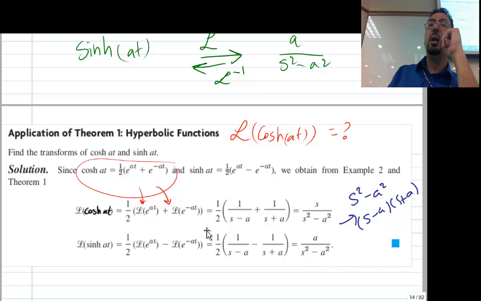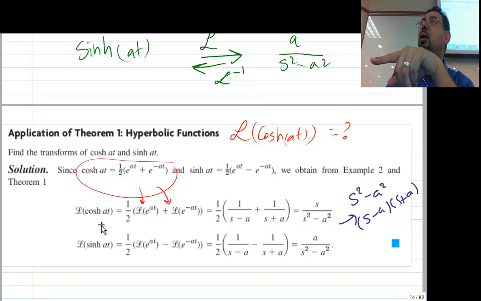Question about this? So Sean is right that if in the homework, or the quiz next week, you get asked what is the Laplace of the cosine, you can go ahead and use the table. You don't have to do this. You basically open the table and figure out what the Laplace for the cosine is, and it will tell you it's s over s squared minus a squared. Okay?